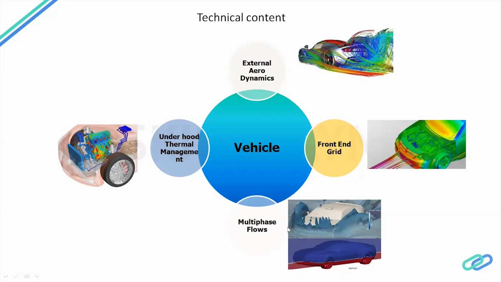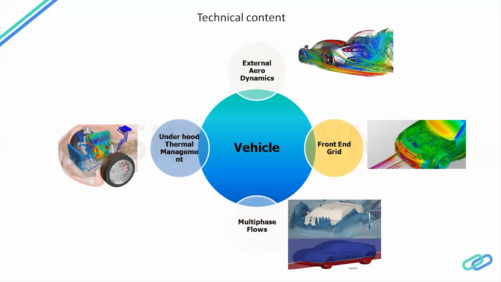Similarly, we have a very challenging task like multi-phase flows. In multi-phase flows, we have two fluids, one is air and the other is water. When the vehicle is moving in a pool of water, how does the water along with the air create resistance against the vehicle motion? Even if the vehicle is moving at very slow speeds, the water levels are accelerating at the bottom of the vehicle and try to increase the water level.